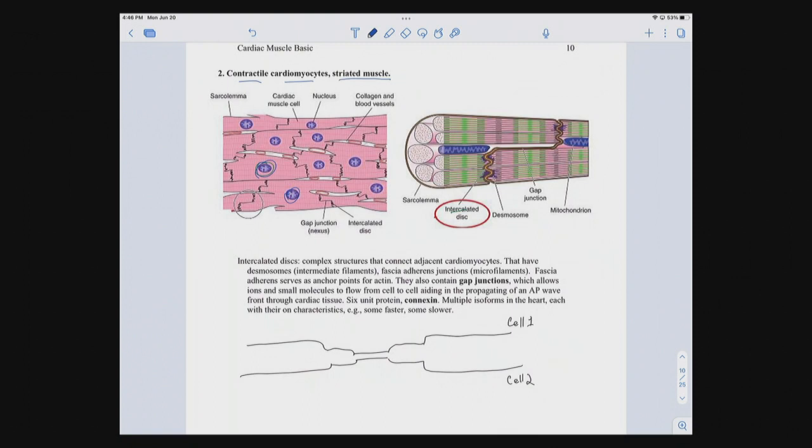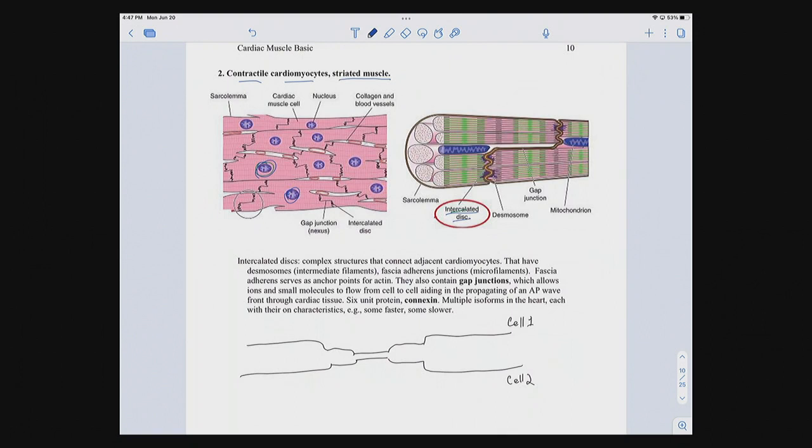The reason they branch is that it enables one cardiomyocyte to be in contact with a greater number of neighboring cardiomyocytes. So the branching pattern is there for a reason. Another distinction that you see in the contractile cardiomyocytes is that you have what is called an intercalated disc.